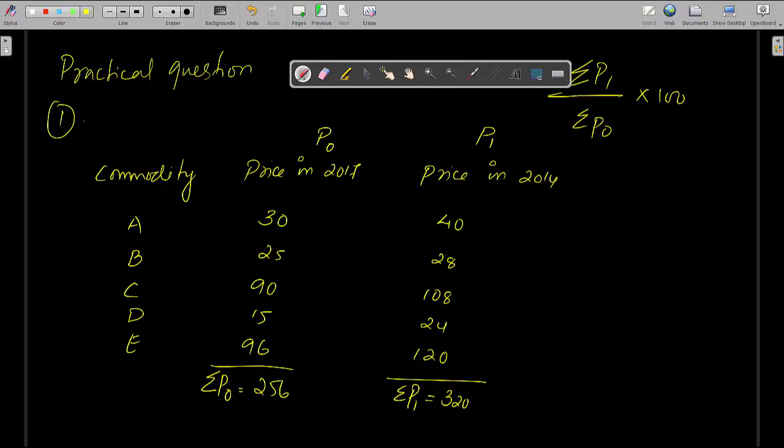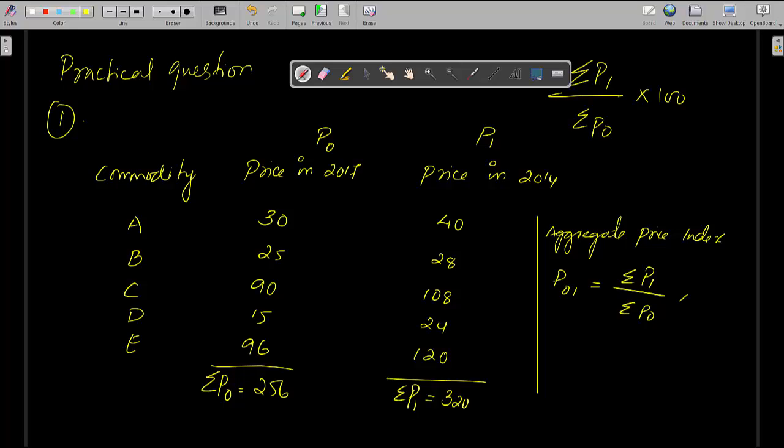Now, let us apply the formula and find out the answer. I'm going to solve here in this corner. So now the simple aggregate price index: P01 is equal to sigma P1 by sigma P0 into 100.